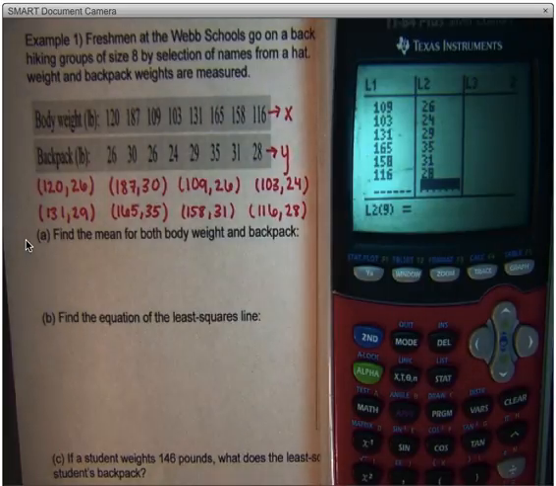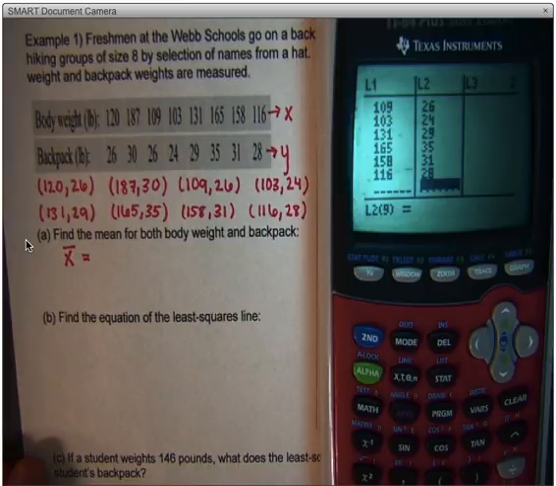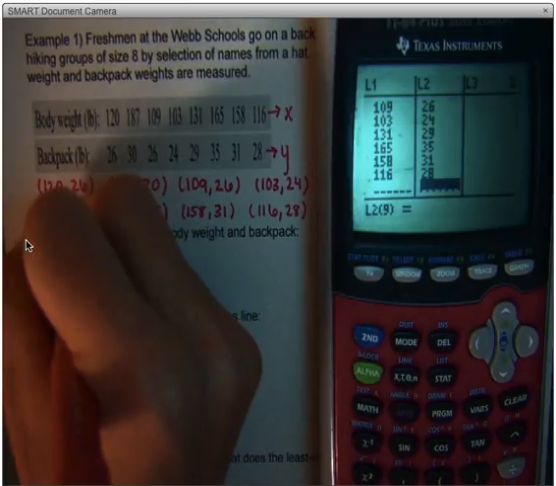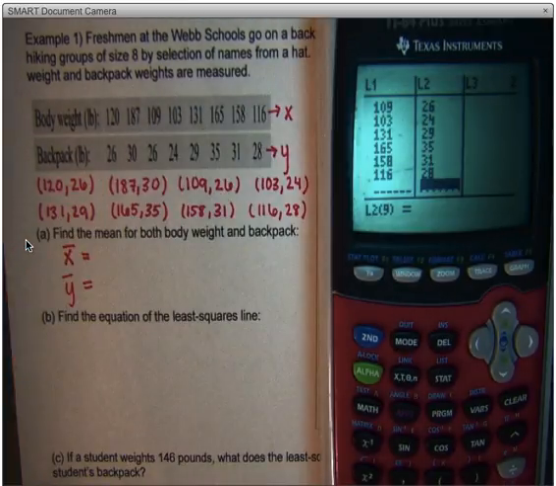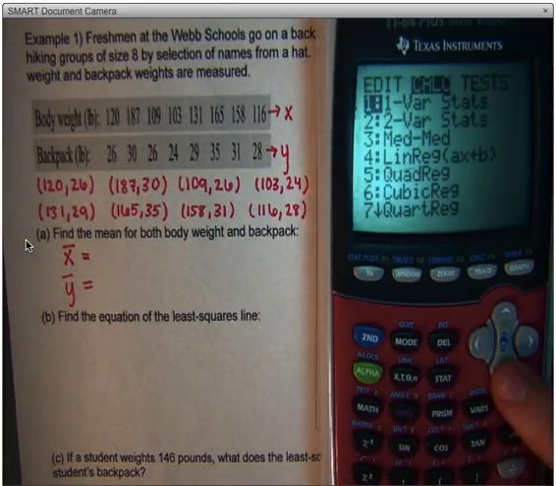Okay, so for the first part, we want to find the mean for the body weight and for backpack. So body weight we called X, so that's going to be X bar. Backpack we called Y, so that's our Y bar. So we're going to do this almost like normal. We're going to go to Stat, over to Calc. This time we have 2 variables, though.